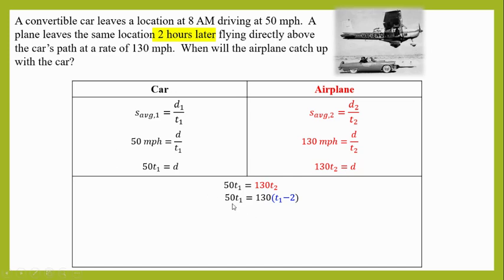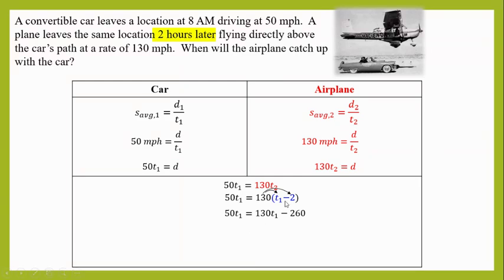So by doing that, I now just have one variable, which is just T1. If you do your math properly, distribute the 130 to T1, distribute the 130 to the negative 2, you should have this next statement, which is 50 T1 equals 130 T1 minus 260. And then from here, we notice there's just, again, one variable, which is T1. Combine like terms, and then just solve.